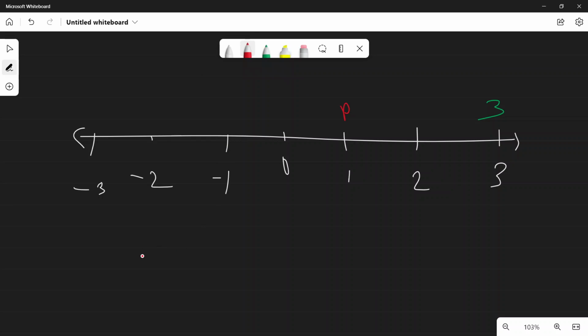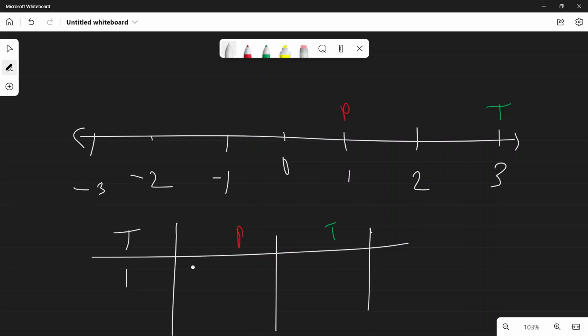After 1 second, the position of the police will be 1 plus 2, which means 3, and the position of the thief is 3 plus 1, which is 4.